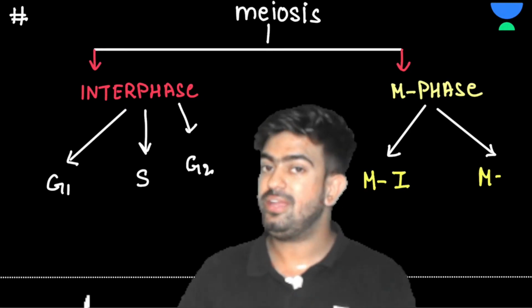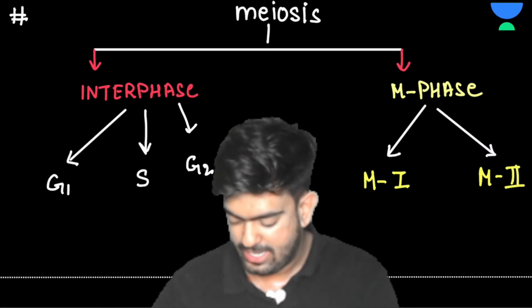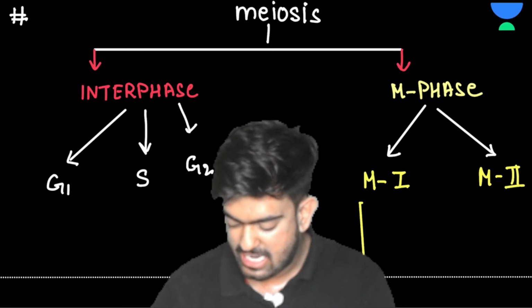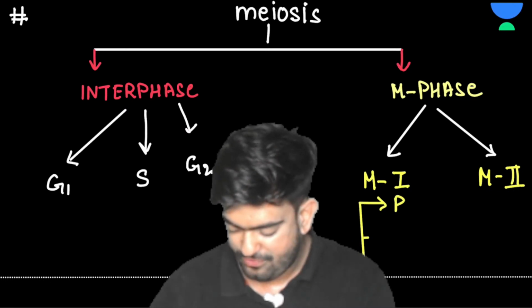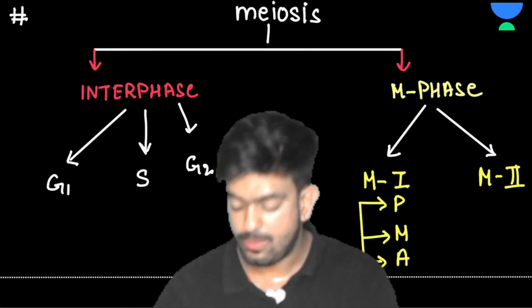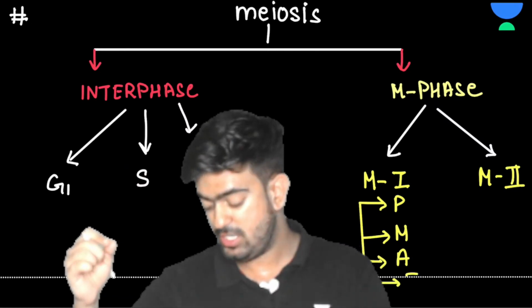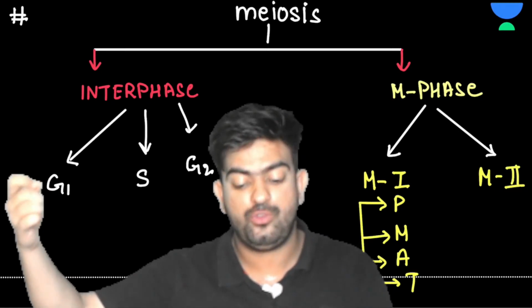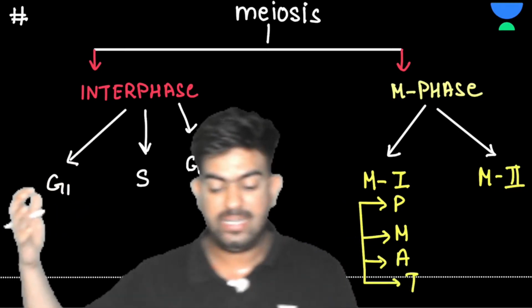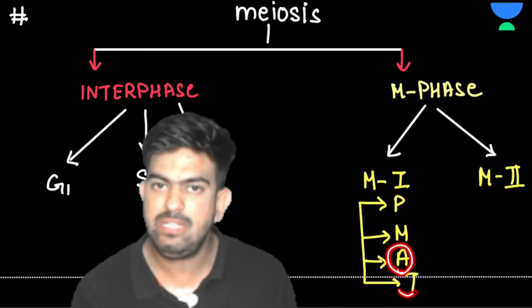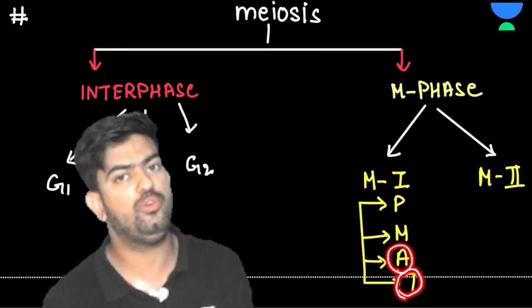Clear? Now here M phase 1 is divided into prophase, metaphase, anaphase and telophase. So if it is prophase of M phase 1, we are going to say prophase 1, metaphase 1, anaphase 1, and similarly telophase 1.